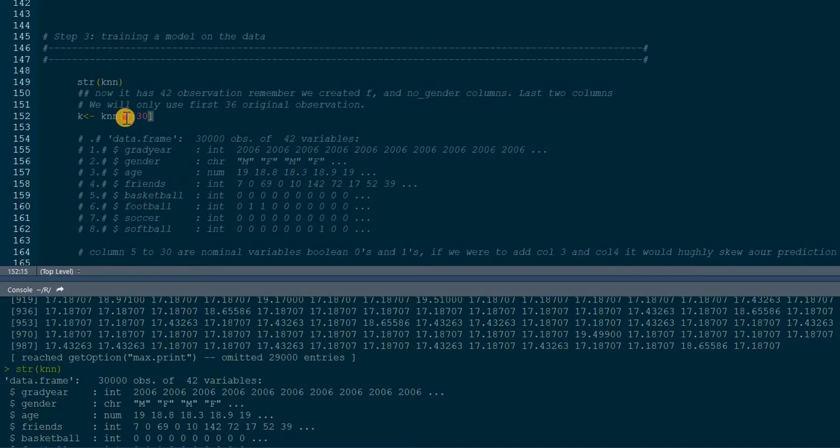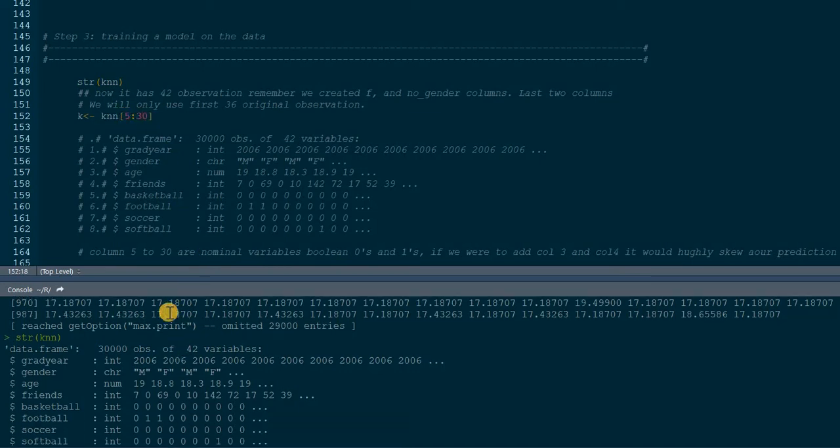So why am I choosing from the 5th column to the 30th column? I've literally copied these here just to make it clearer. If you number them 1 to 40, the first is graduation year, which is a year.